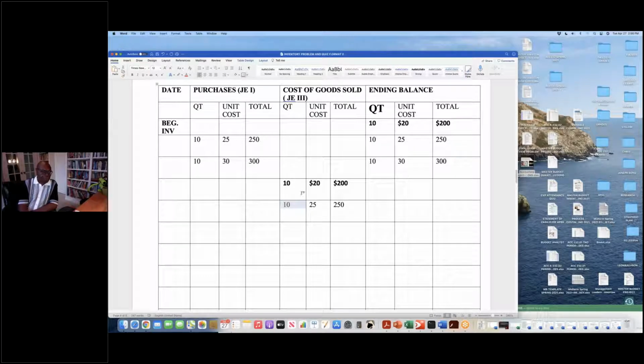We're only at 20, we sold 25, so we're going to get 5 more. We're going to get those 5 at 30. And so this is going to be $150.